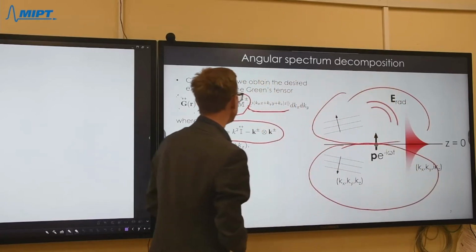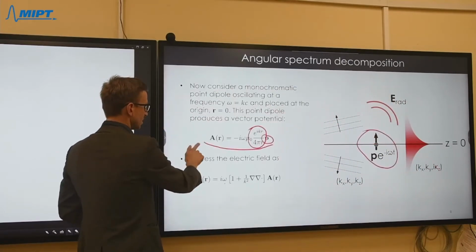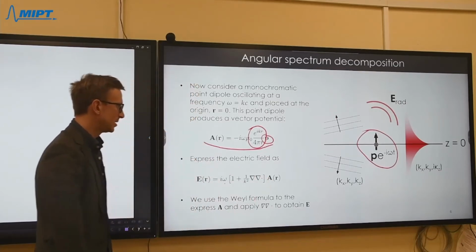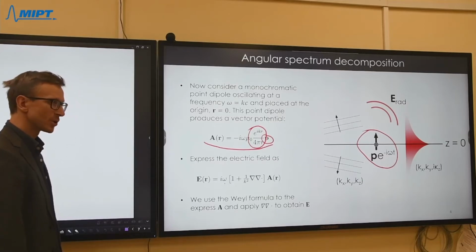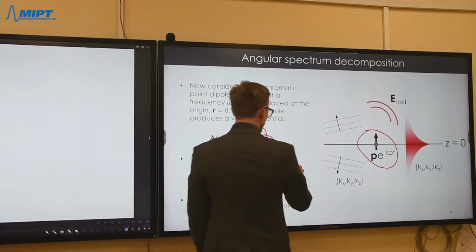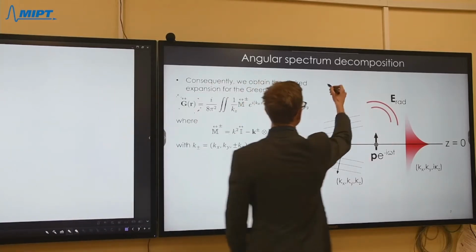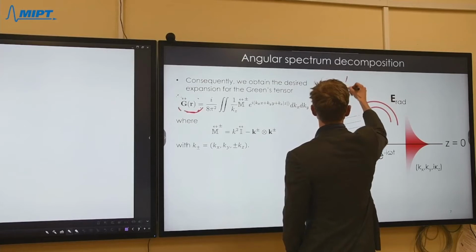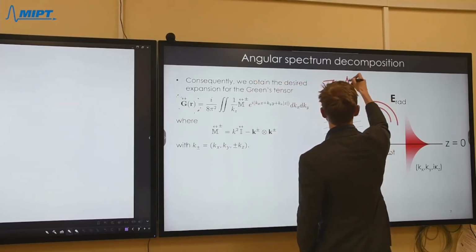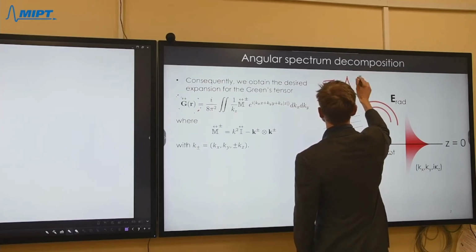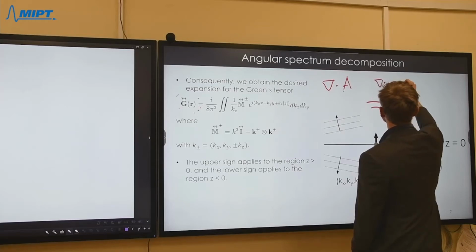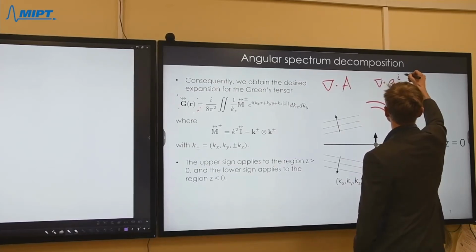The expansions are different. Because the electric field contains the nabla operator, the divergence and the gradient, it's going to act differently on A. To be precise, it's going to act differently on this little guy, AZ.